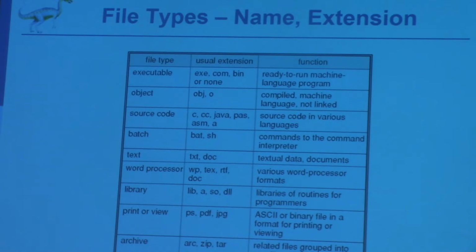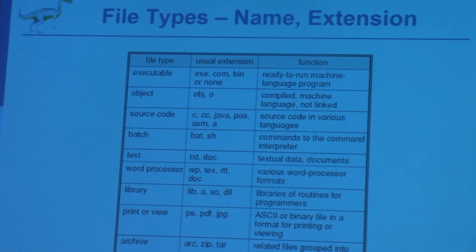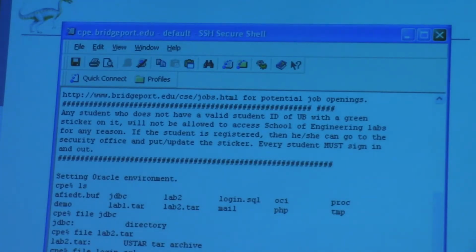But if you create a file without an extension, you may not know its type. At that time, you can quickly run file and then the file name, and if it is a well-known file type, it shows what kind of file type it is. I think the last time I did show this, you can just type file and the file name. If it is a directory, it shows the directory also.